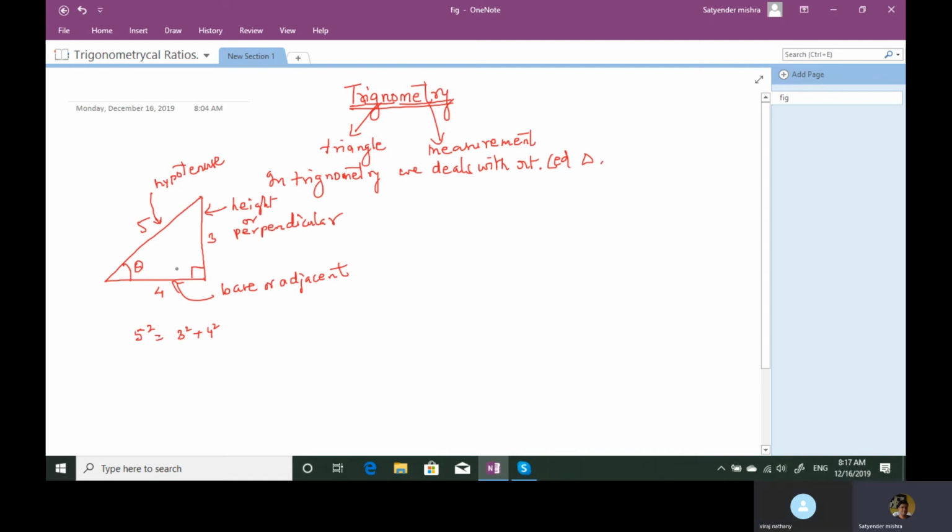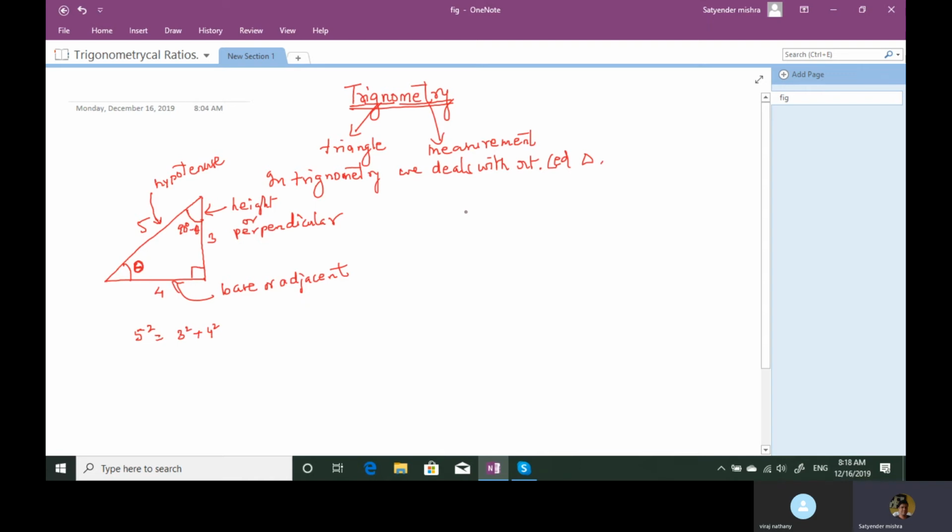The measure of this angle is theta. So what will be the measure of this other angle? This angle is actually 90 degree minus theta. How did we get 90 degree minus theta?